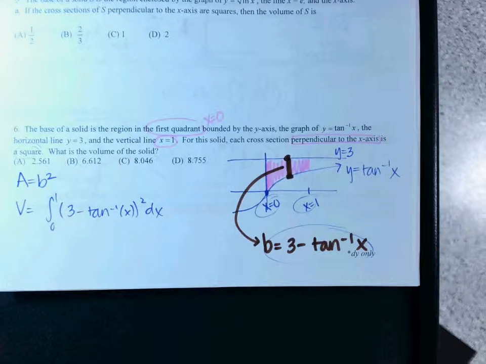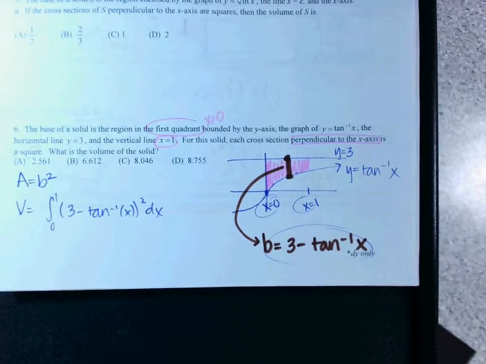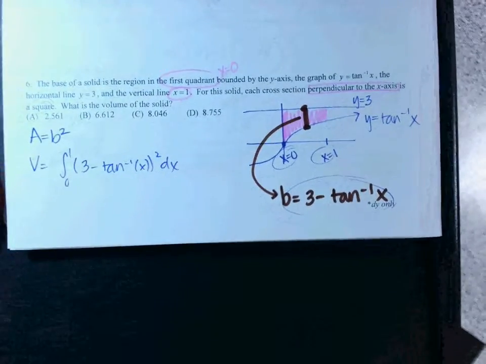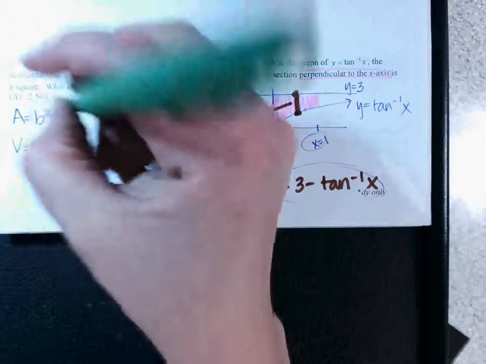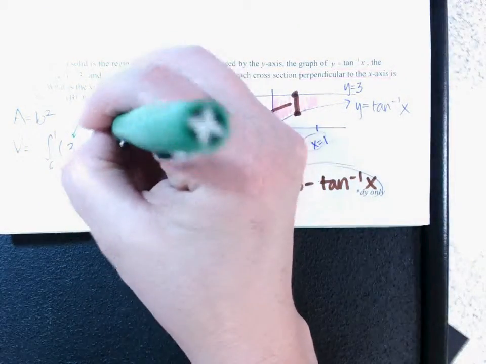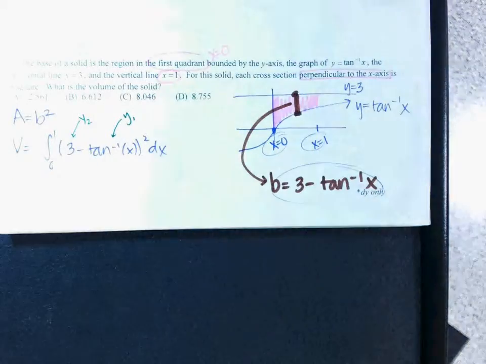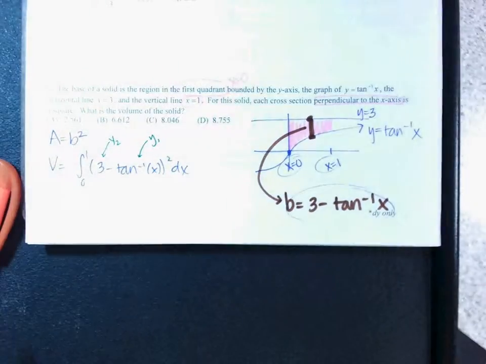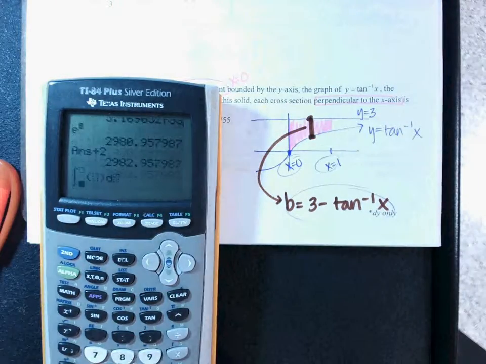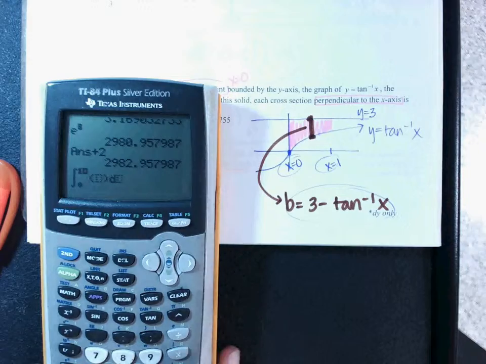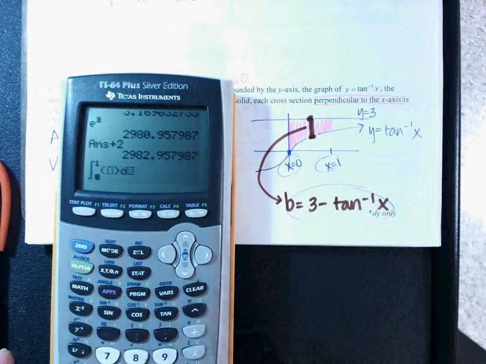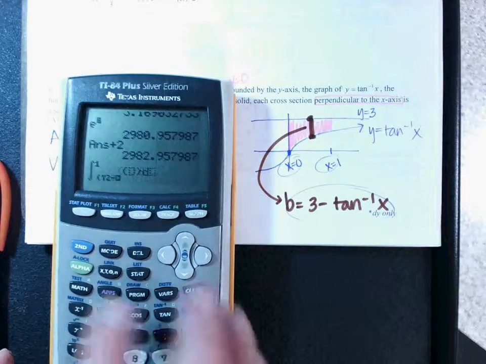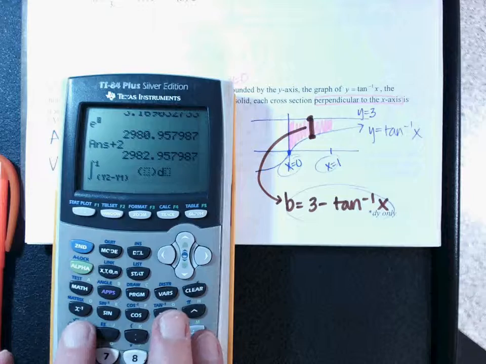Okay? Now, let's talk about how to put this in the calculator. I would like for you to use the shortcuts just because they do make you faster and they will remove a lot of the mistakes that y'all make with forgetting parentheses. So this is my y2 and this is my y1. So when I type this into the calculator, it's going to be math 9. Okay, then I'm going to go from 0 to 1. Hopefully you can see that. And then I'm going to put parentheses y2 minus y1 parentheses.